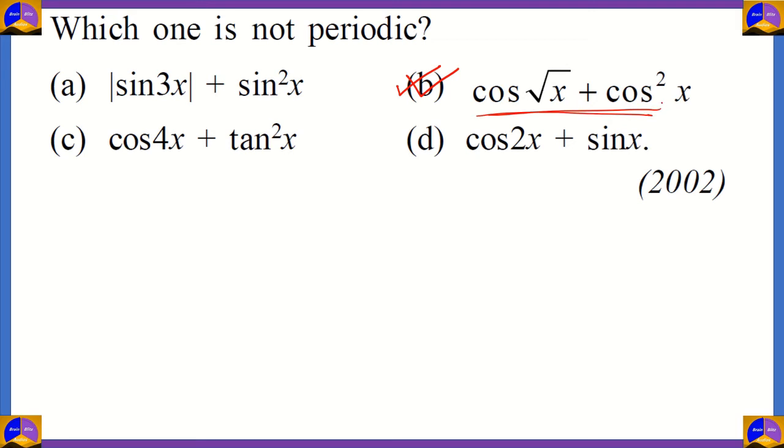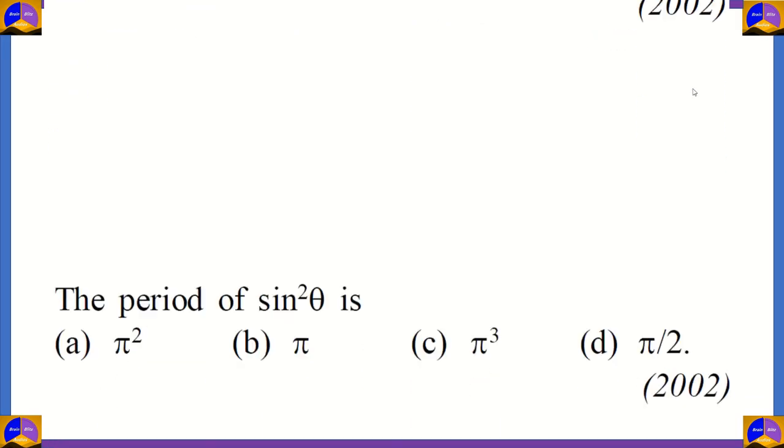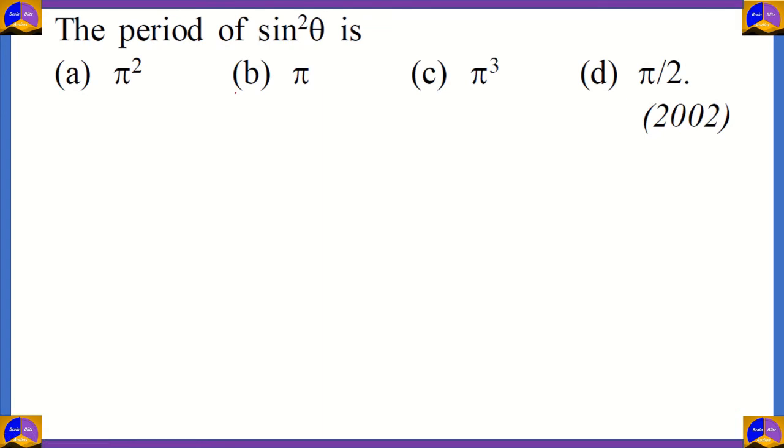Now let's look at the next question. We need to find the period of sine square theta. So whether it's pi square, pi, pi cube, or pi by 2. Now, let's look at the period for sine theta.